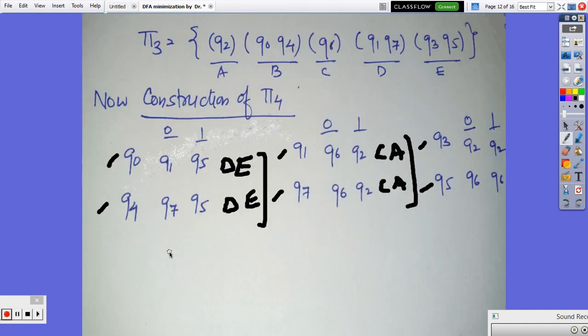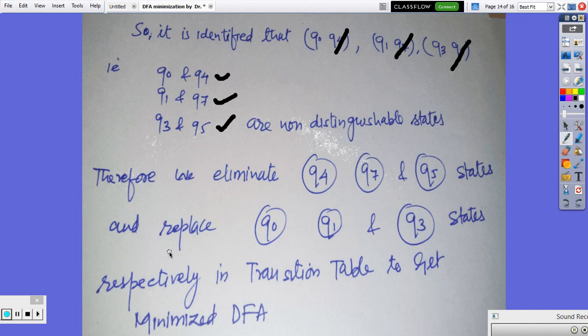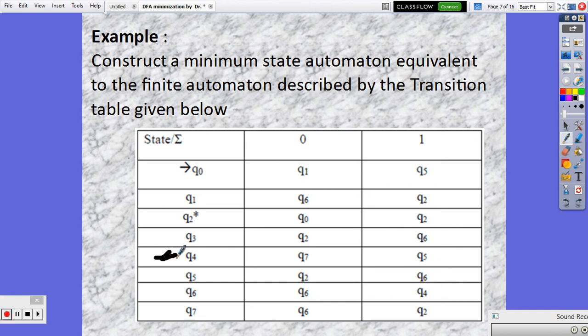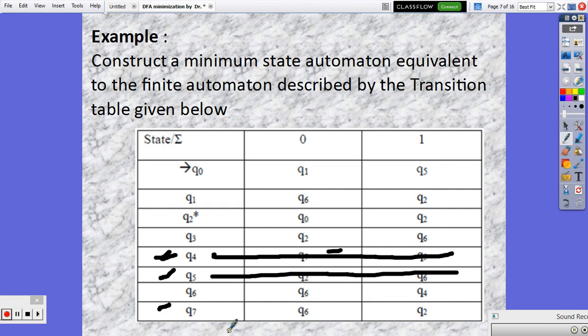The states we have identified, that is Q4, Q5 and Q7, are to be removed from our transition table.